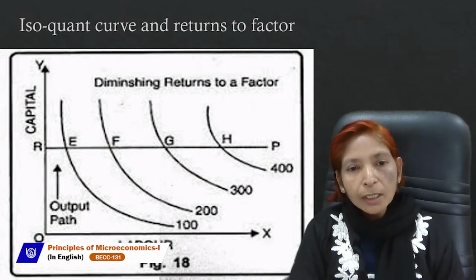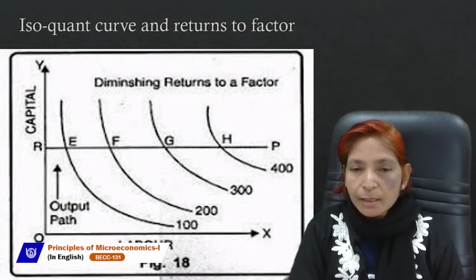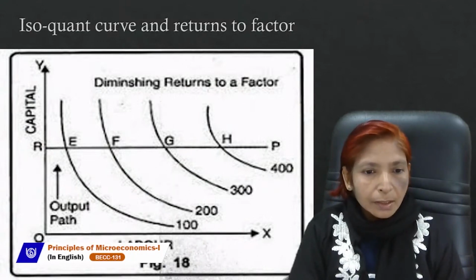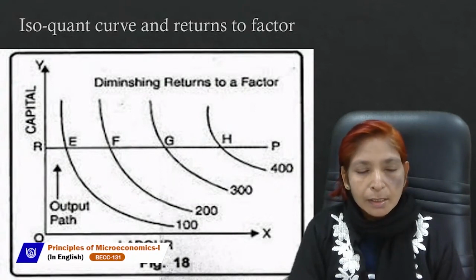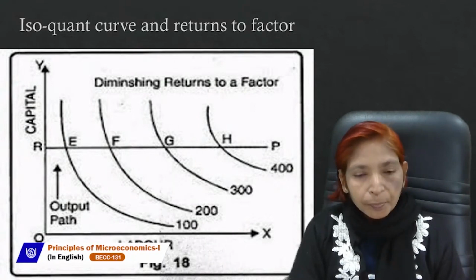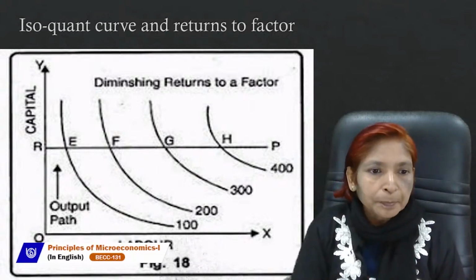We can change only the units of the variable factor, which is labor, but the fixed factors like capital remain constant. So the expansion path in the short run is always a horizontal line, which is the RP line. The RP line is horizontal, showing that capital is constant and labor units are changing.